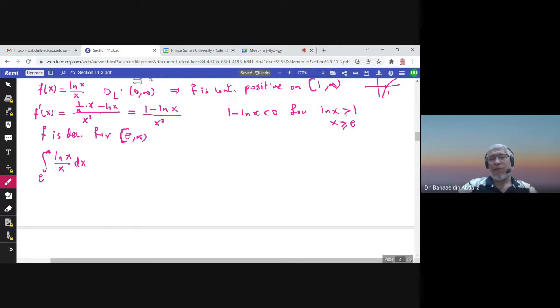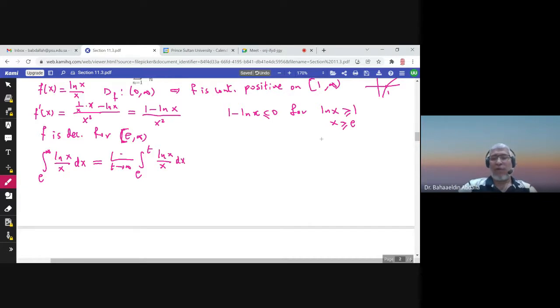It's okay to include the e. So this is the limit as t approaches infinity of the integral from e to t of ln x over x dx.